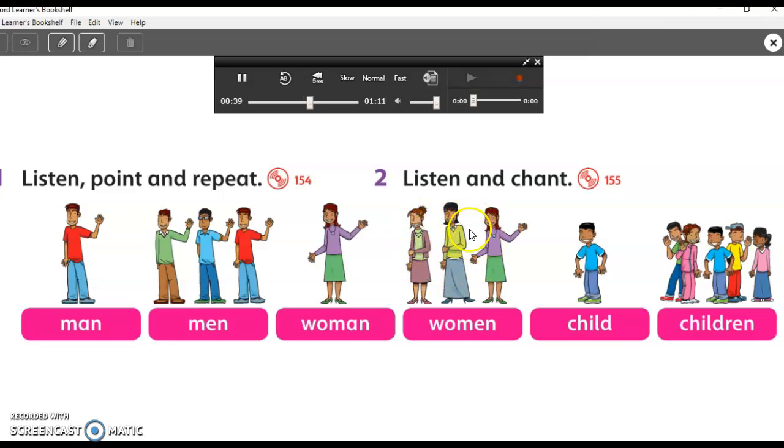Women, women, women. Child, child, child. Children, children, children.